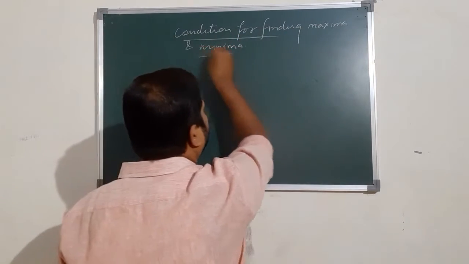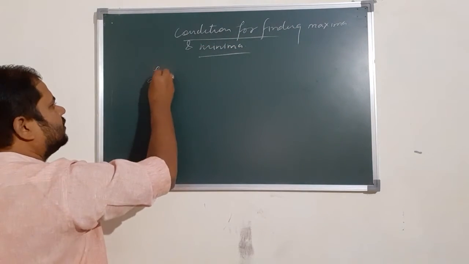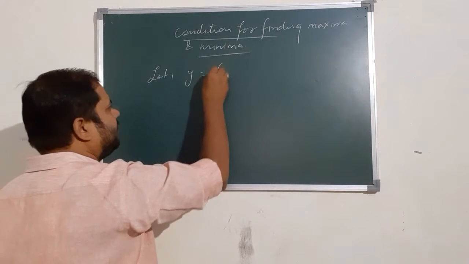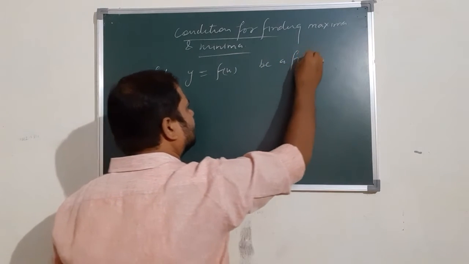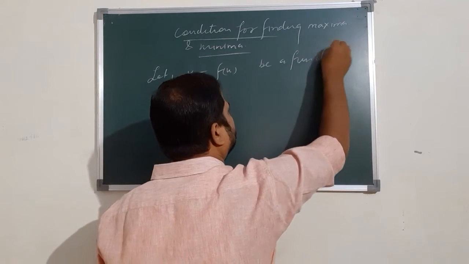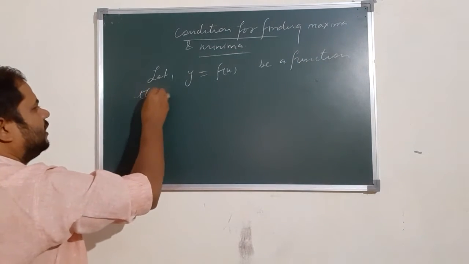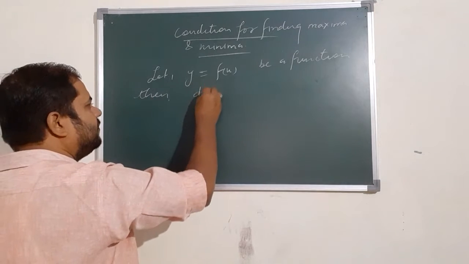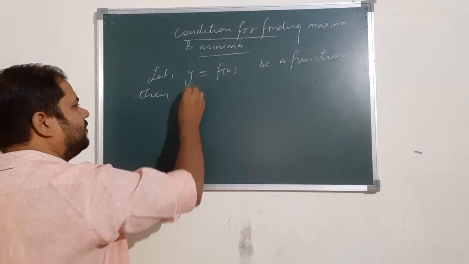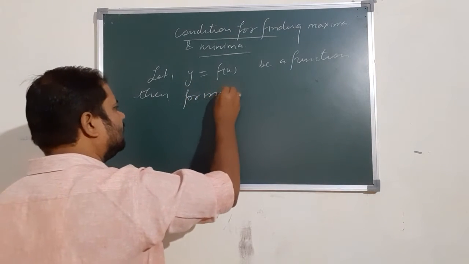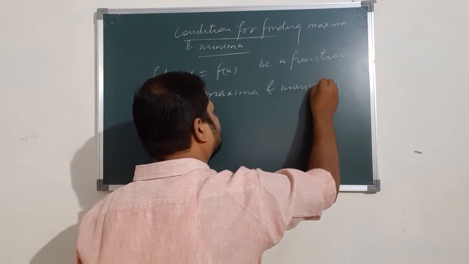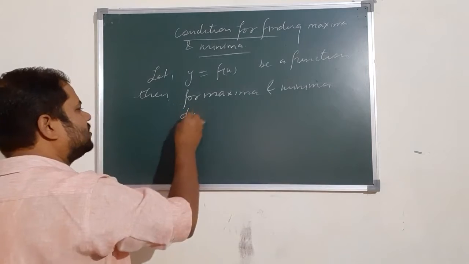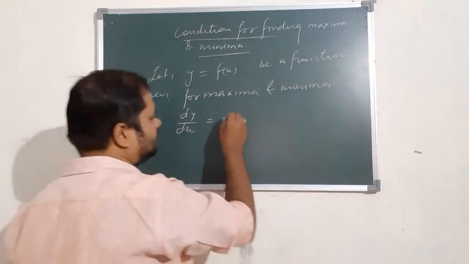Okay, let y equals f(x) be a function. Then for maxima and minima, dy by dx is equal to 0.